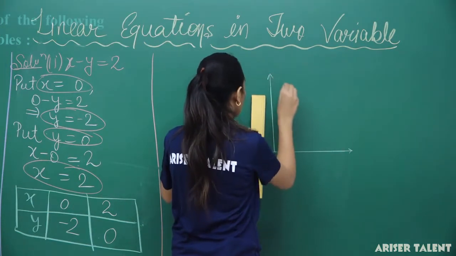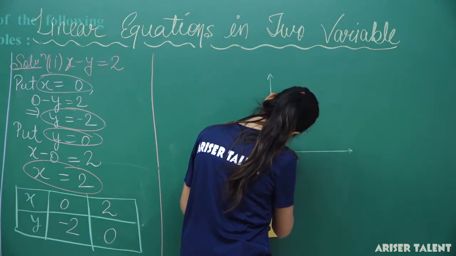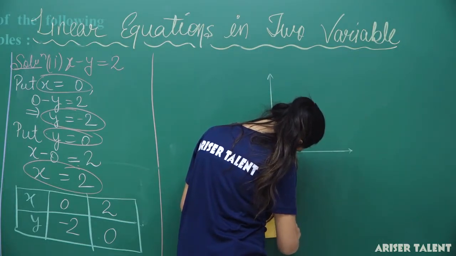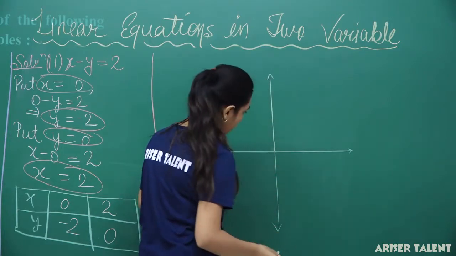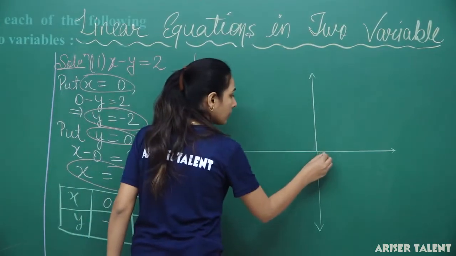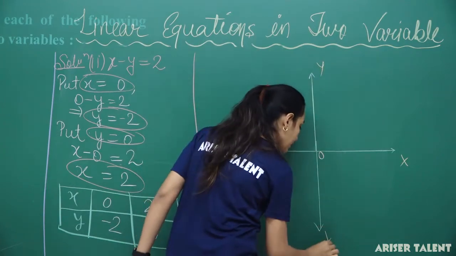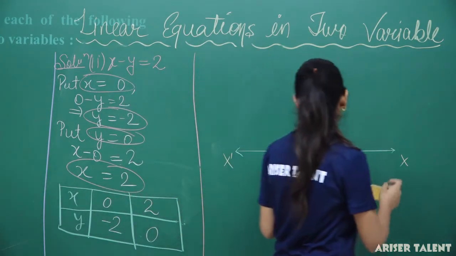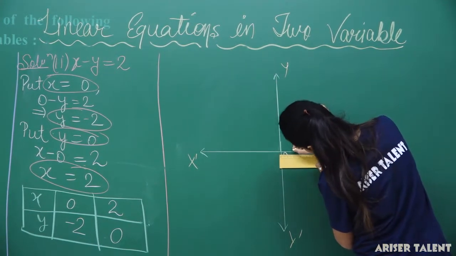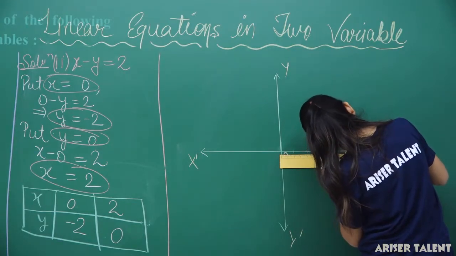This is the y axis upward and the y axis downwards. Okay. Now, this is your point O, this is x dash, this is y dash. Okay. And if we do the process again, we will be getting this 1, 2, 3, 4, 5.